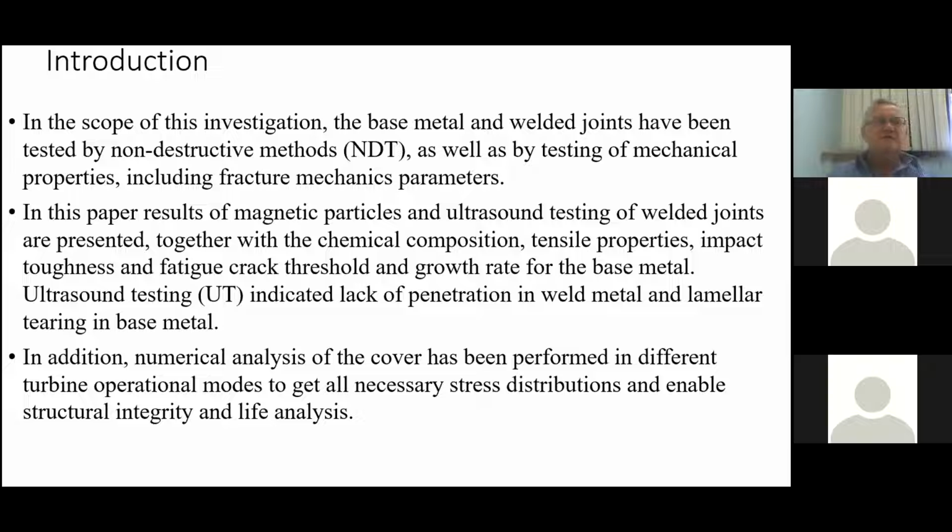In addition, some numerical analysis was also performed, classical linear elastic stress-strain analysis, so that we know the stress level in critical regions, so that we can calculate crack length and compare it with the critical crack length. You will see that later on.